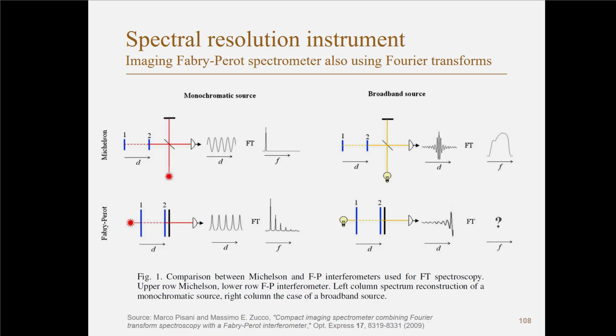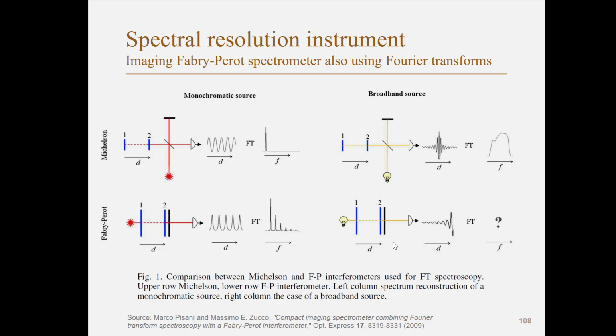So this means that the Fabry-Perot spectrometer needs more computation before you get the result compared to a Fourier transform spectrometer. But the benefit of a Fabry-Perot interferometer is that it's only two surfaces which are supposed to be moved with respect to each other. So that means that it's easier to make these kinds of spectrometers stable. It's a much easier geometry, and therefore they have lately become much more popular.